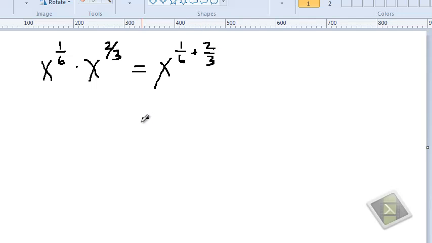Now when you get that, remember, you have to have like denominators. If you don't have like denominators, you've got to get there. So what you'll be doing is this. You're going to find the like denominator. So we've got 3 and 6. The common denominator is 6. So this one will stay the same. 2/3 will go to something over 6, and then you're going to add it.